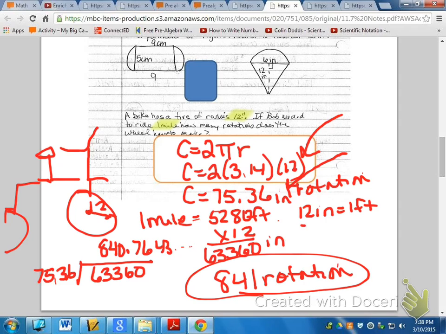I know there's 12 inches in a foot, so I took 5,280 times 12, and I got this really big number, 63,360. I need to see how many times that tire has to go around to meet 63,360, so I divided by my 75.36. I came up with this really long number, and I rounded to the nearest whole number, 841 rotations.